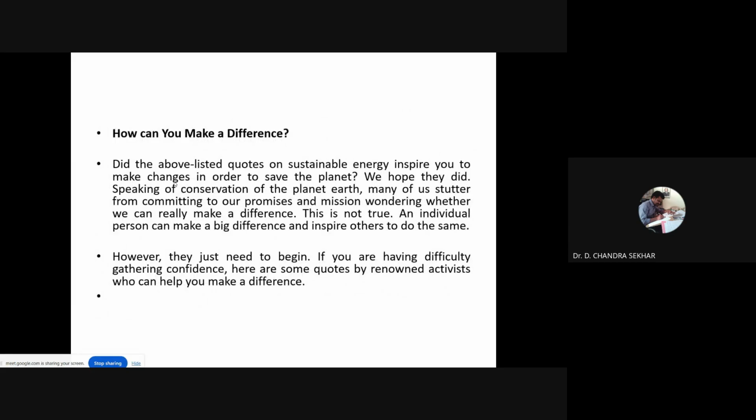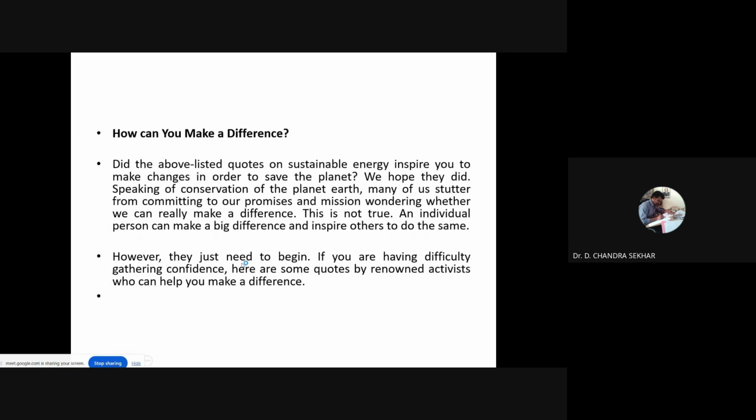So how can we make a difference? We just need to begin. We need to start the integration of the sources together, to be operated combinedly.